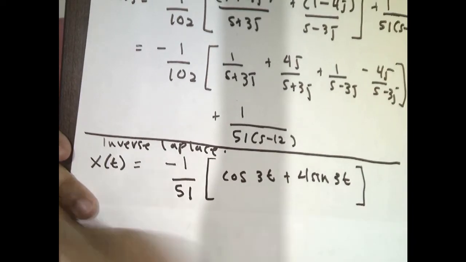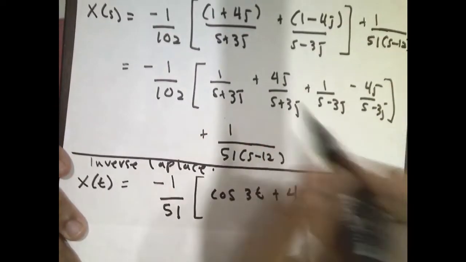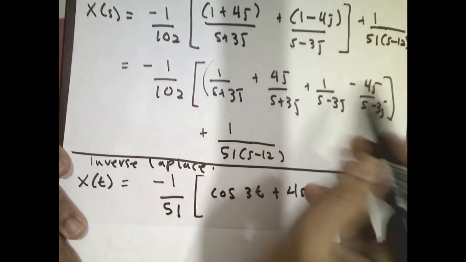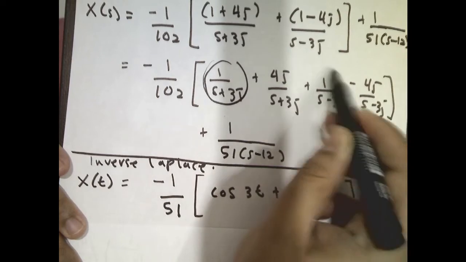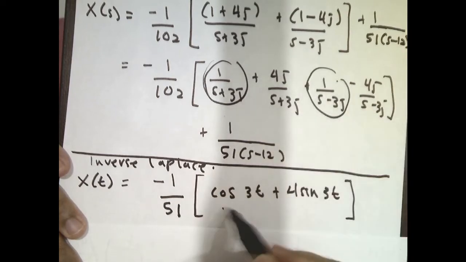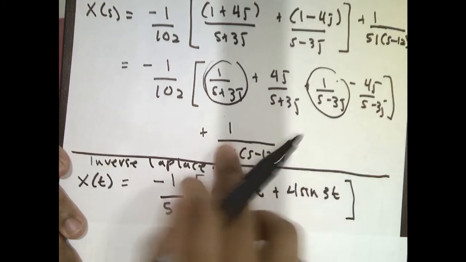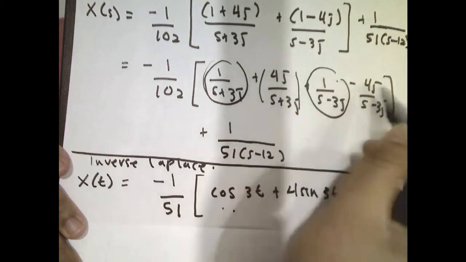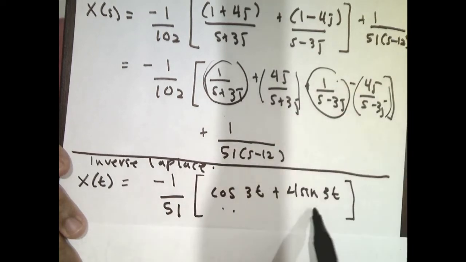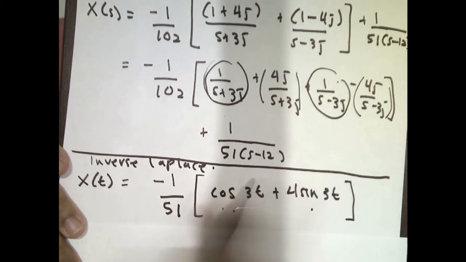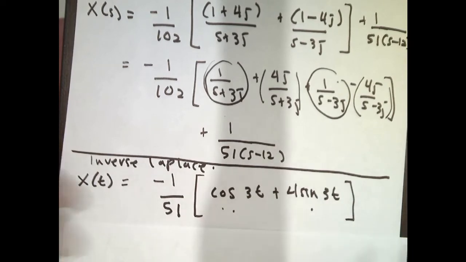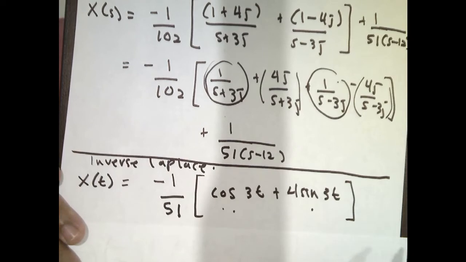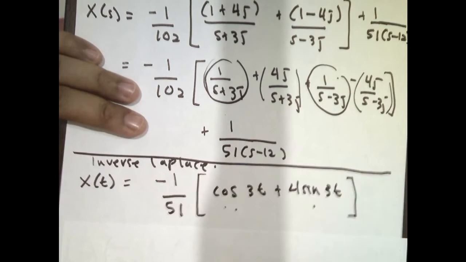If you notice, this one and this one, if you combine, you will get cos function. And for this one, for j, if you combine, you will get sin function. That is why we have cos and sin function for the inverse Laplace in the function of t.